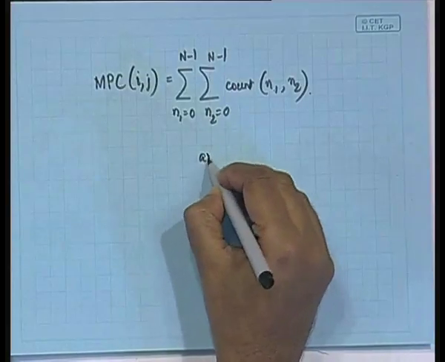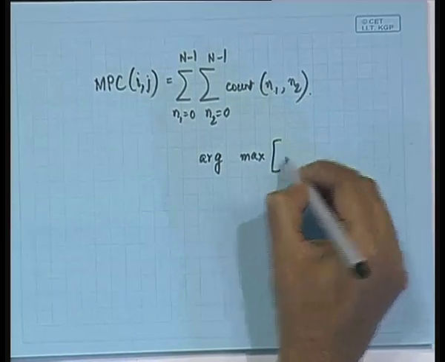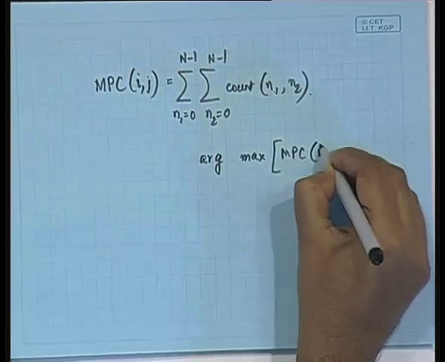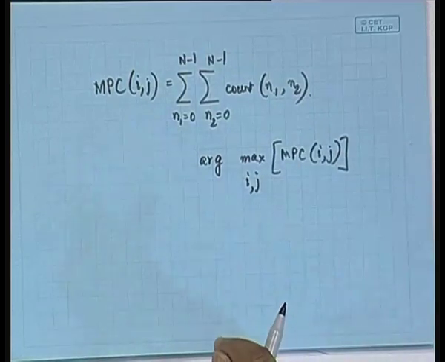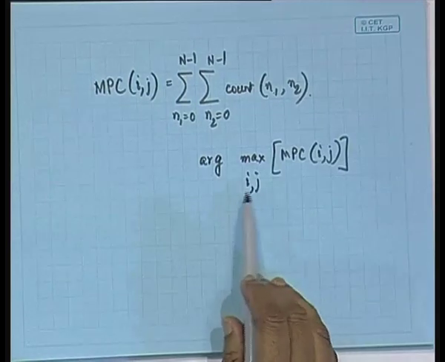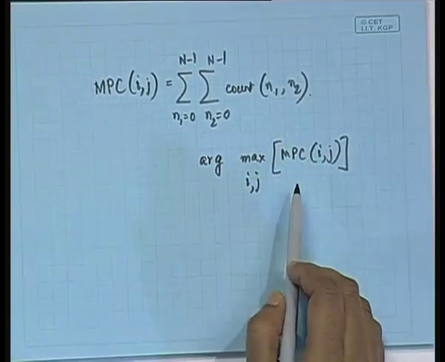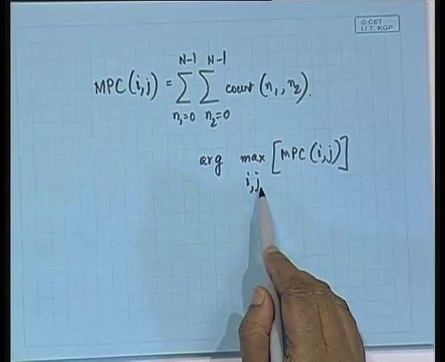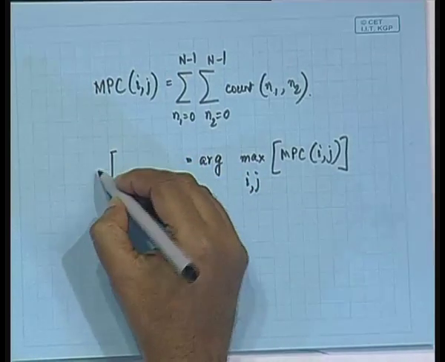Here we take the maximum measure: the argument of the maximum value of MPC over the displacement (i, j). Whichever (i, j) gives the maximum MPC, we take as the motion vector.